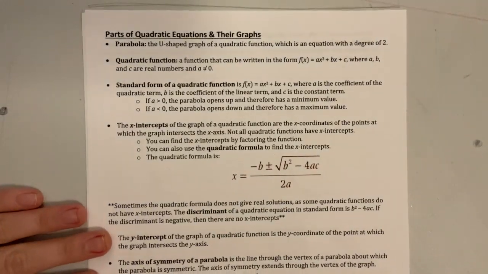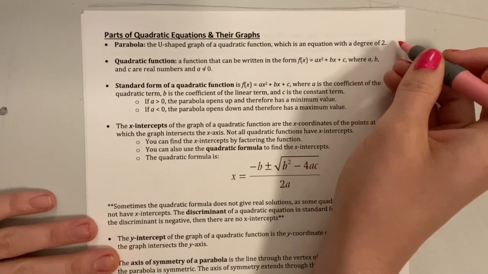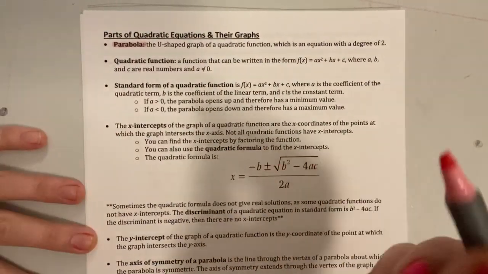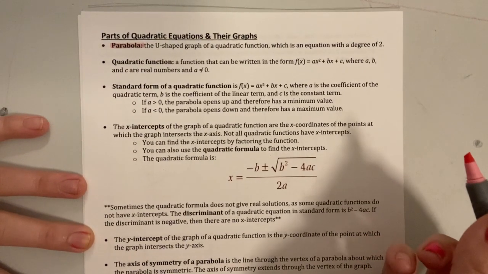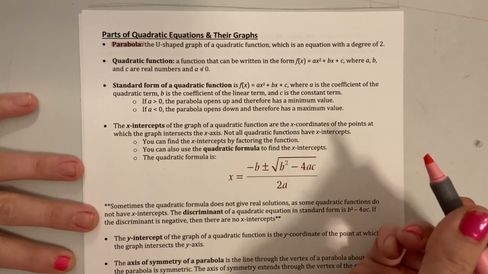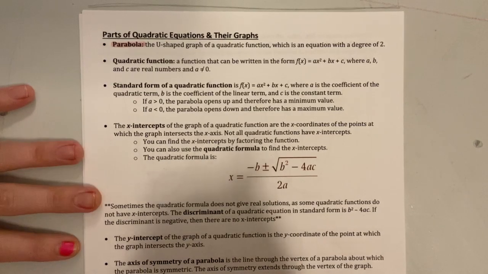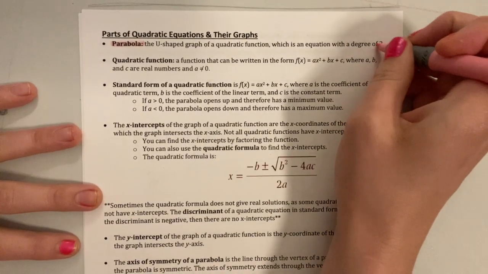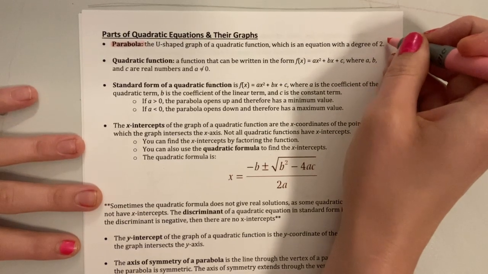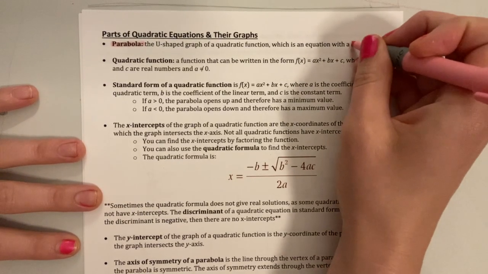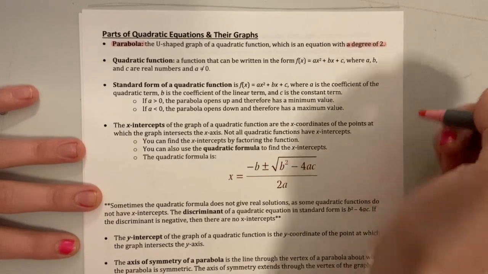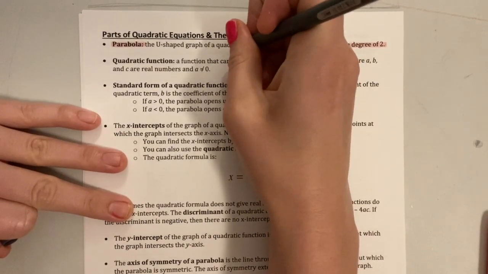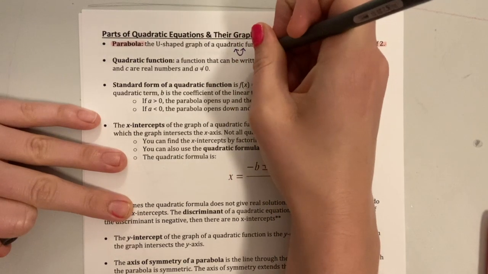What it means by a degree of 2 is just that there's an x squared in the equation. So we don't just have an x with an exponent of 1, we also have an exponent of 2 on our variable. That's the key. And it would look like a U. So we've got an upward facing U and we have a downward facing U.